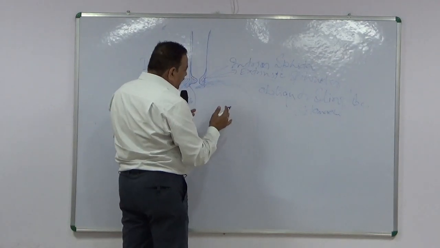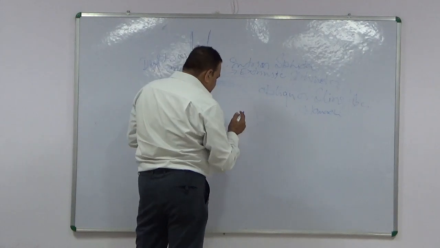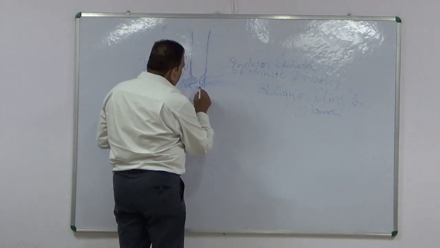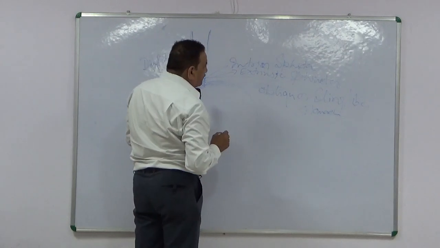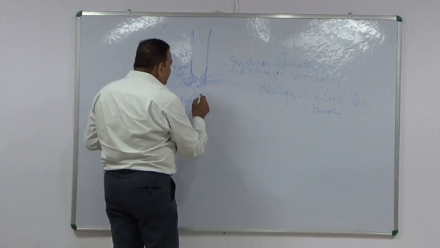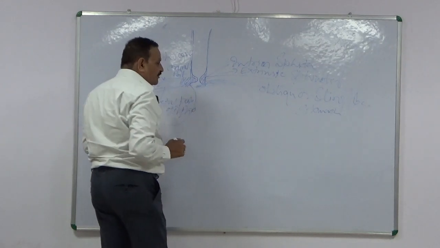If the intragastric pressure is increased, this creates a gate-like structure. These oblique sling fibers create a gate, and the stomach content does not normally pass into the esophagus.